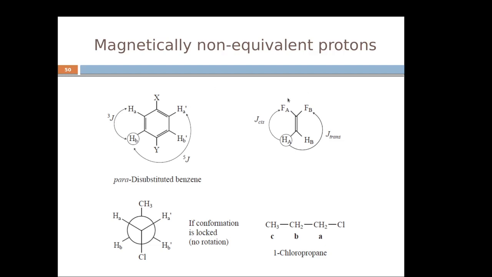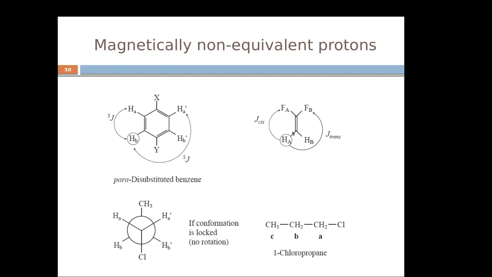Similarly, you can see that HA is disposed with respect to the A nucleus, the F nucleus, in a cis configuration, whereas HA is disposed with respect to the B nucleus, FB nucleus, in a trans configuration. So the coupling between these two is a function of these configurations. We get a coupling between cis configured nuclei, which we call J cis, and coupling between the trans configured nuclei, J trans.